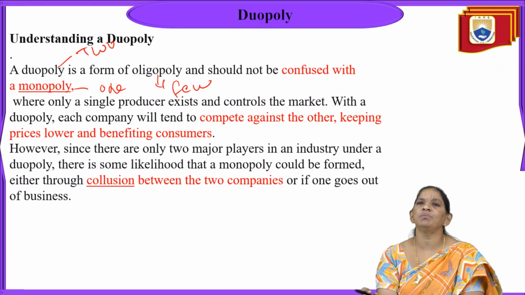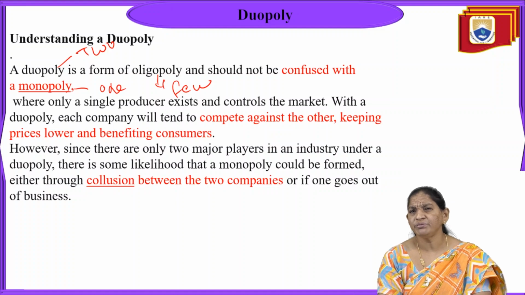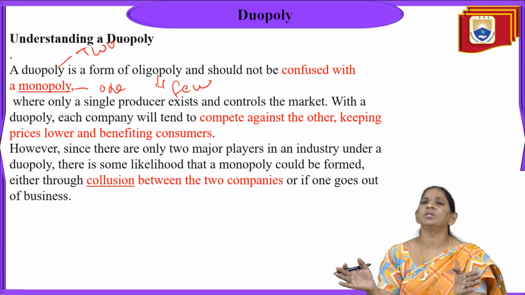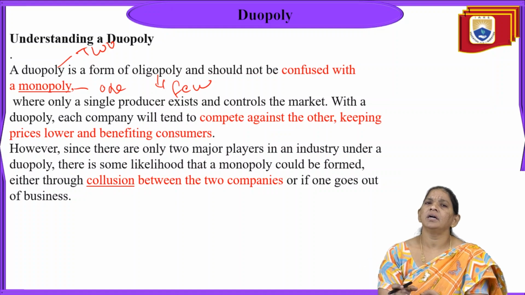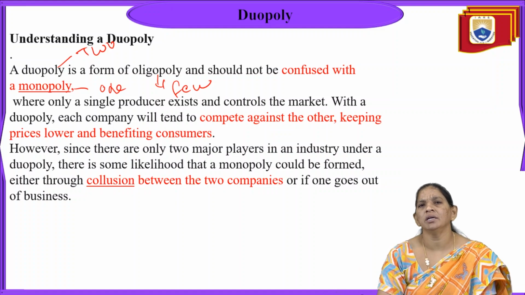So this may relate to collusion between the two companies, or to one going out of business. If the two companies fight a tough competition in the market, sometimes one will stay and the other will go. If one stays, it becomes a monopoly market.